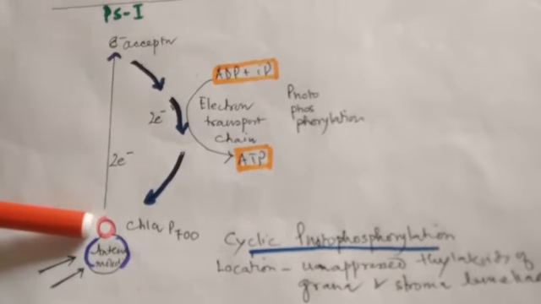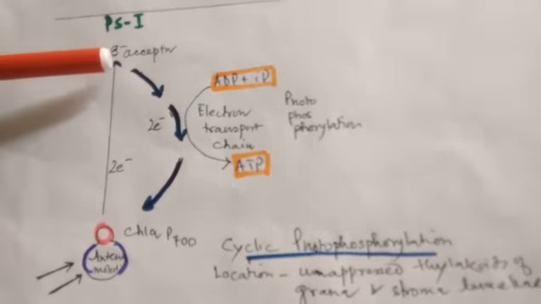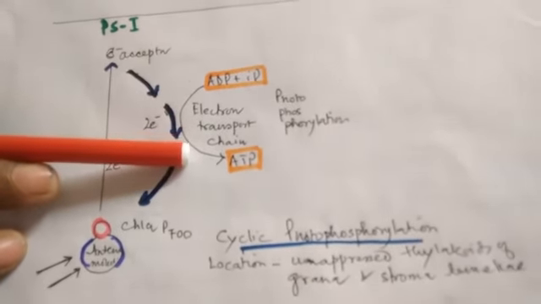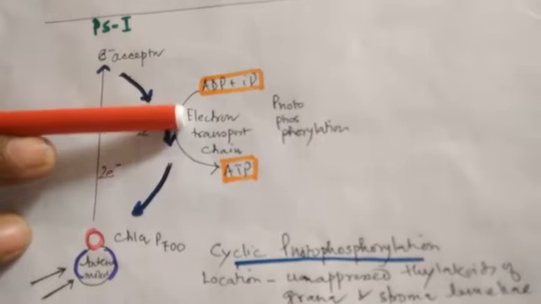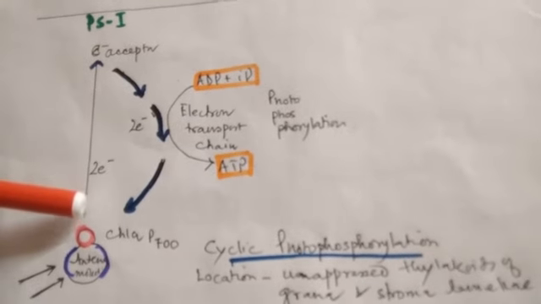The electrons in a similar way get deflected and move to the primary acceptor, and then through a series of electron acceptors, and during this movement they release their excess energy. That excess energy is utilized by ADP and inorganic phosphate to form ATP.